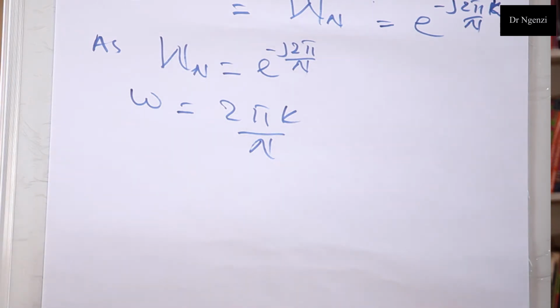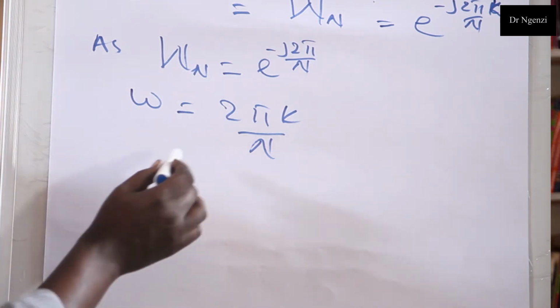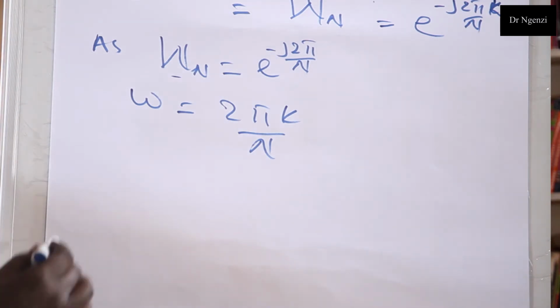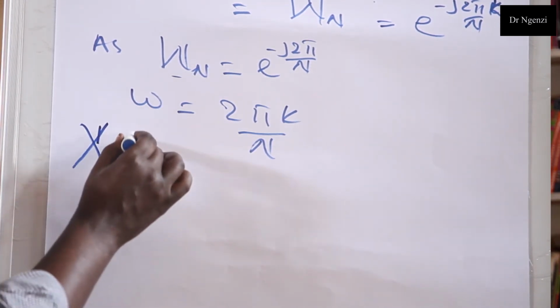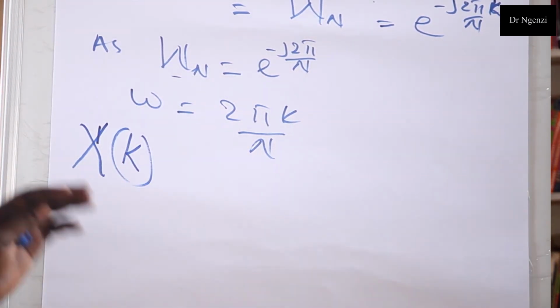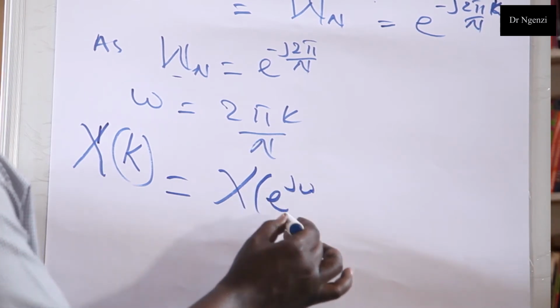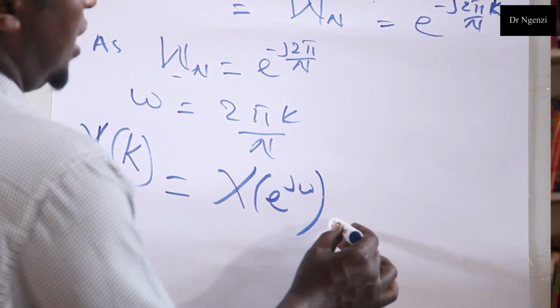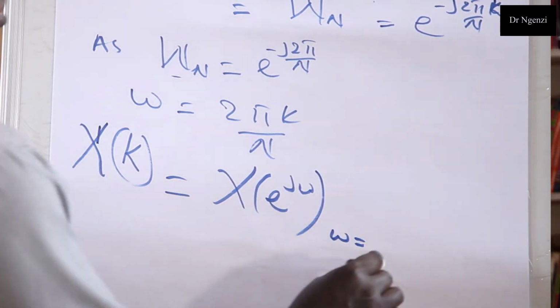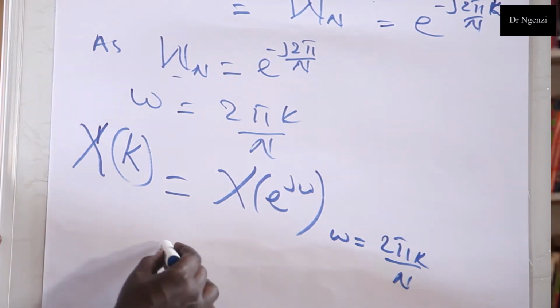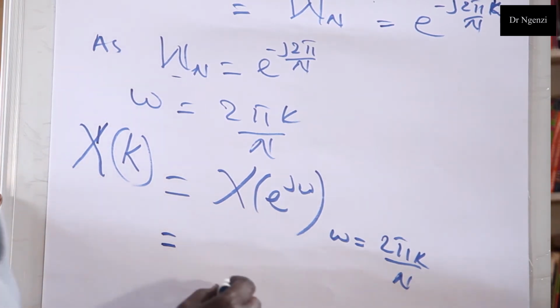In this case, the omega value is going to be, remember, 2πk over N, whereby you are going to obtain the general value of the summation from n equal to 0 to N minus 1 of the small x of n, times e to the power of minus j 2π over N times kn. So 2πkn, sorry, it should be kn.